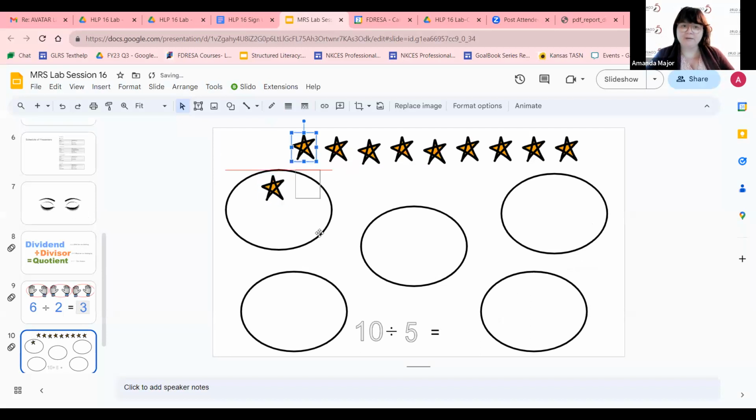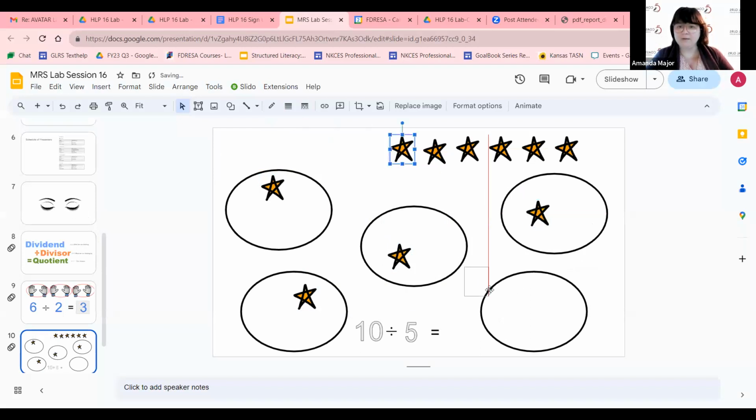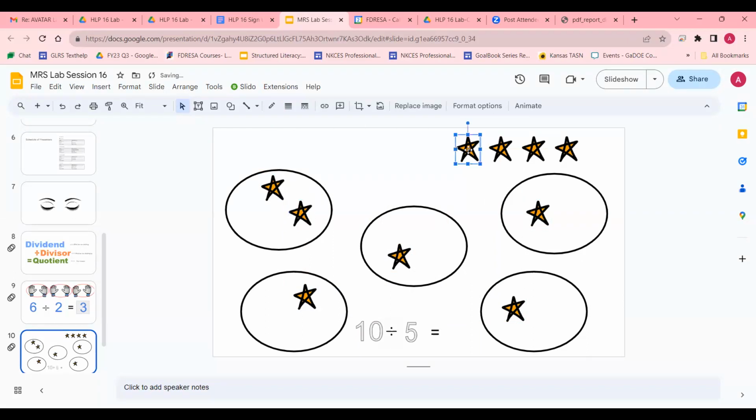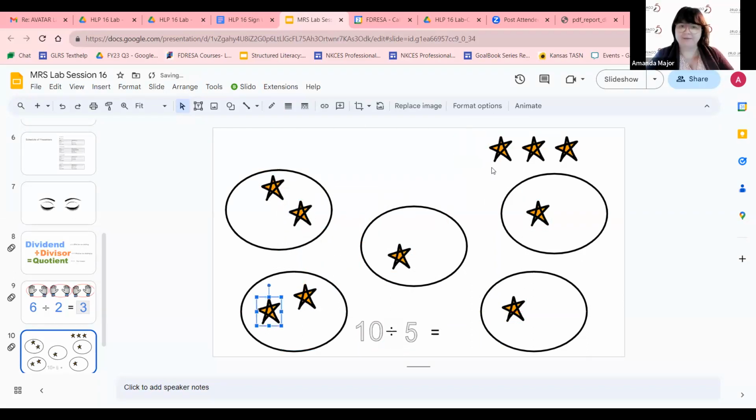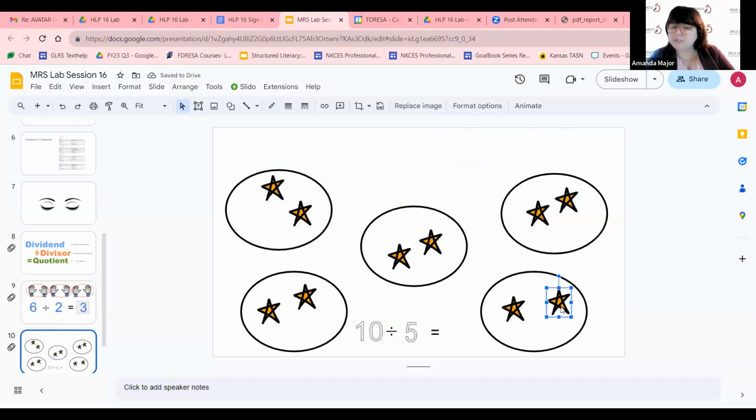1, 2, 3, 4, 5, 6, 7, 8, 9, 10. So my quotient is going to be how many stars are in each group.